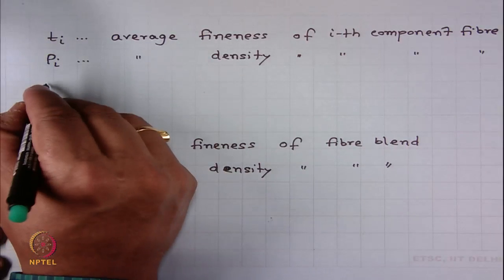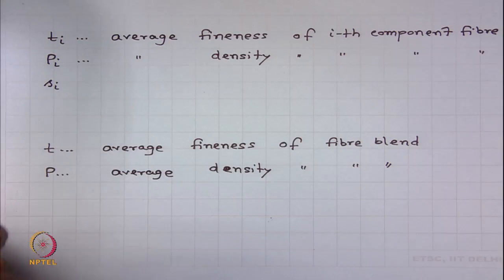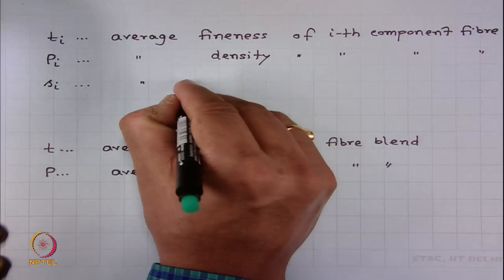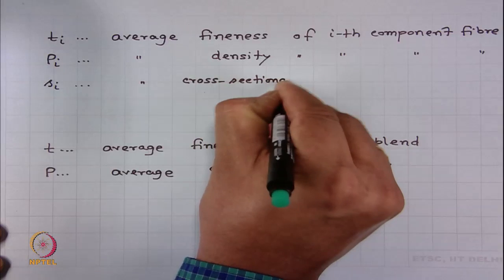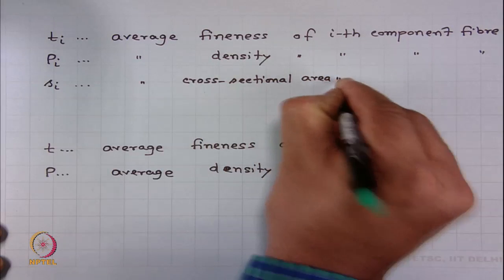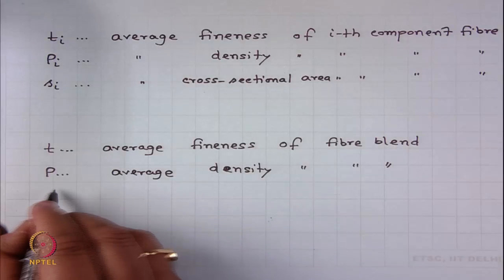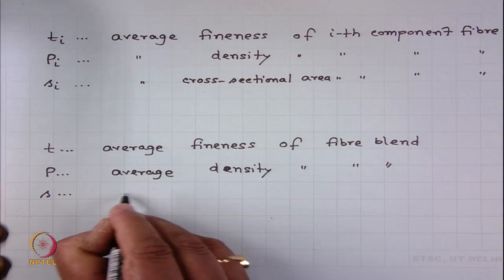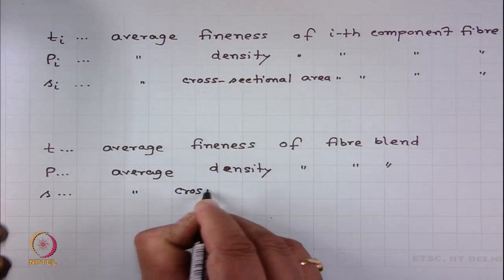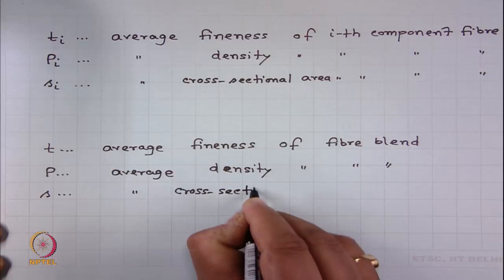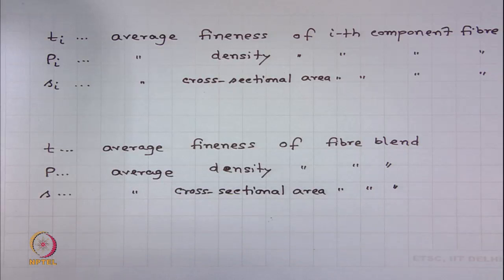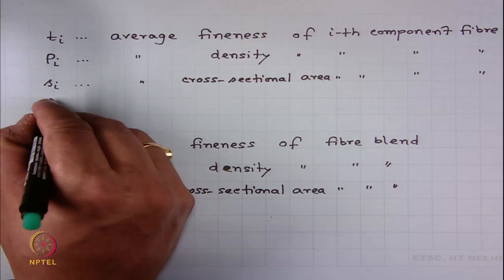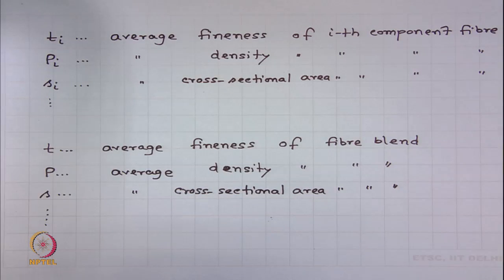Similarly, S subscript I denotes average cross sectional area of ith component fiber. Similarly, S denotes average cross sectional area of fiber blend. This is how we will use the symbols.